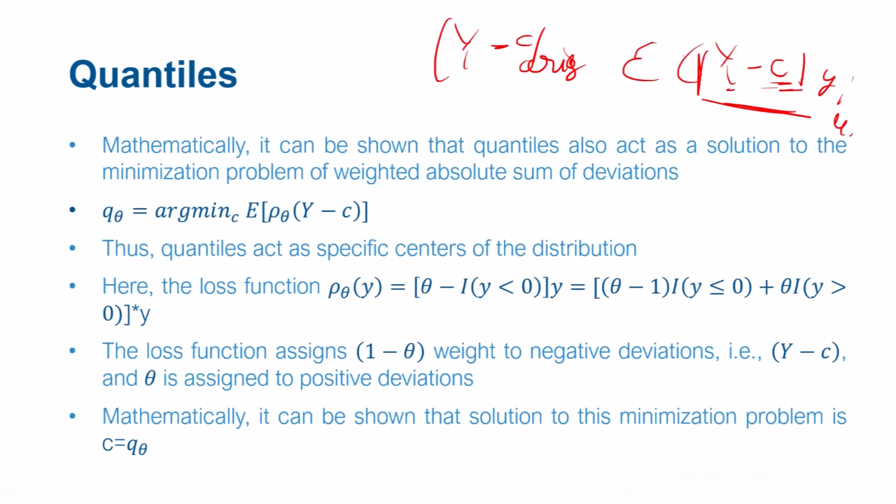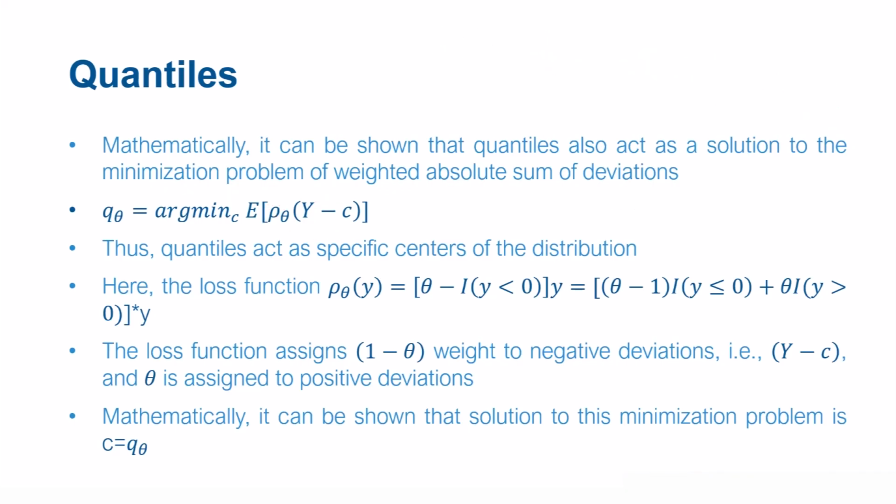Slightly elaborating this concept now, quantiles can also be thought of as a solution to this minimization problem. This is nothing but a weighted absolute sum of deviations, as we'll see. Some check function, that loss function or check function rho theta, is applied on the deviations, and that expectation is minimized.